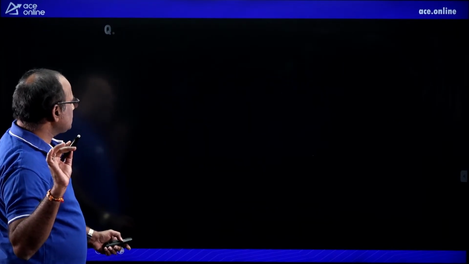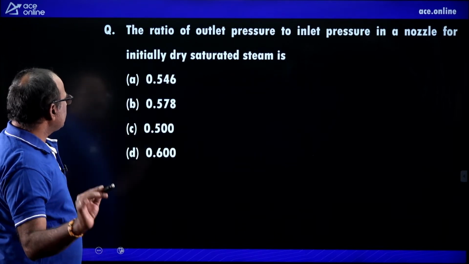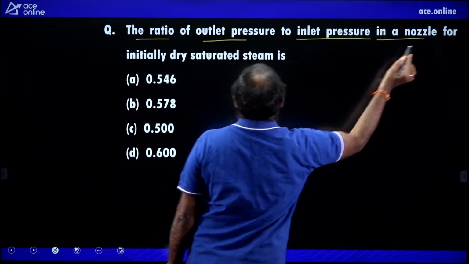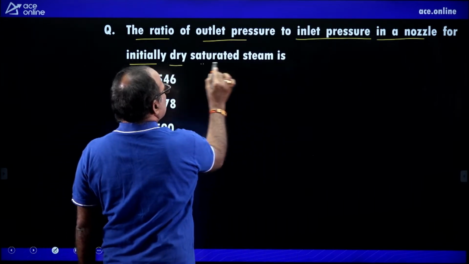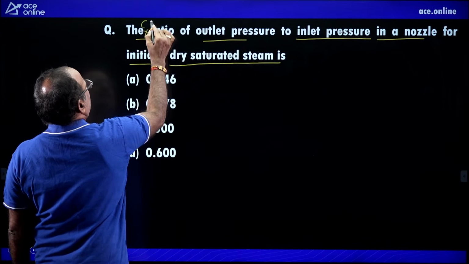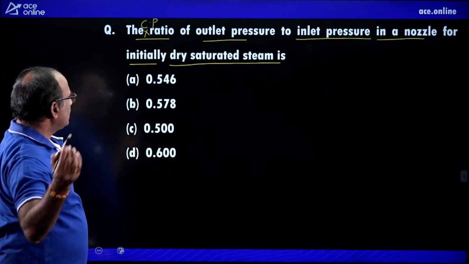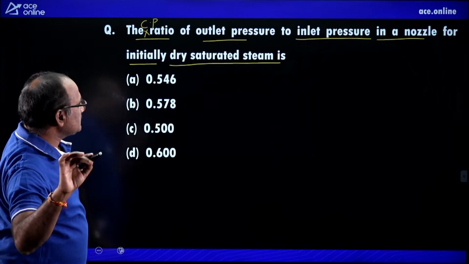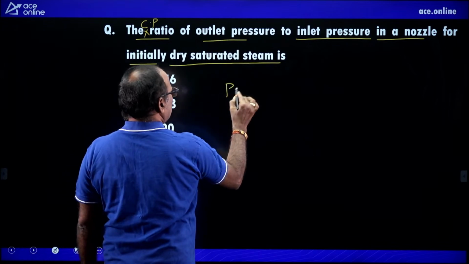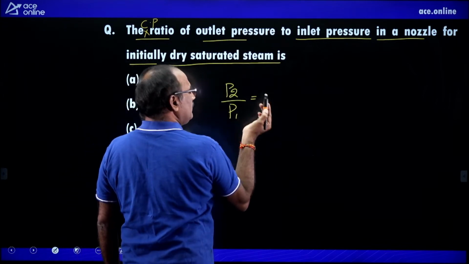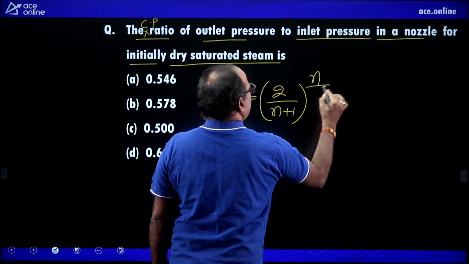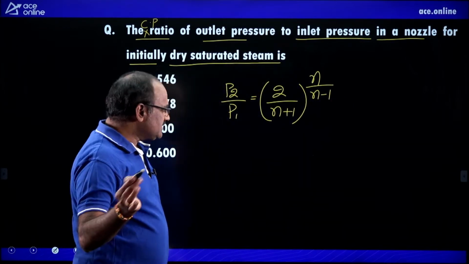Similarly, look at the next question. Try to read it clearly. It is asked like this. The ratio of outlet pressure to inlet pressure in a nozzle for initially dry saturated steam, that may be critical pressure ratio. You know, the critical pressure ratio P2 by P1 is equal to 2 by n plus 1 whole power n by n minus 1, where n is the steam index.